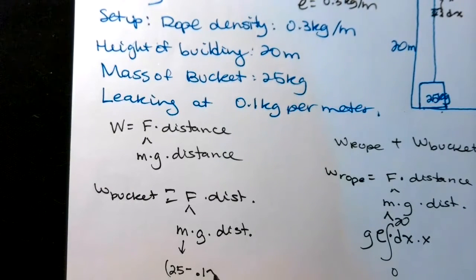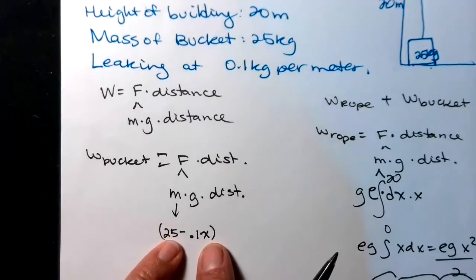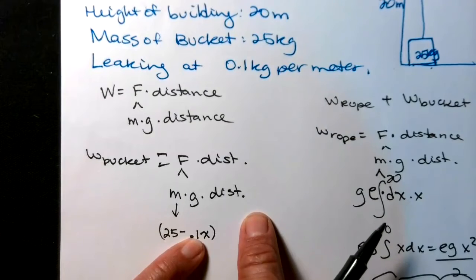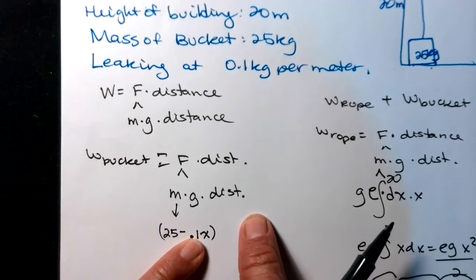So when it has this mass, the amount that it's going to travel is just a little bit of dx. So it has this amount of mass only for one itty bitty moment while it moves that little chunk of distance, dx.